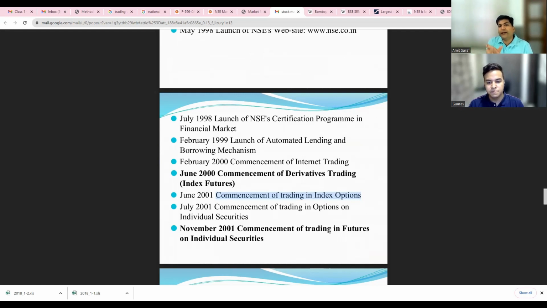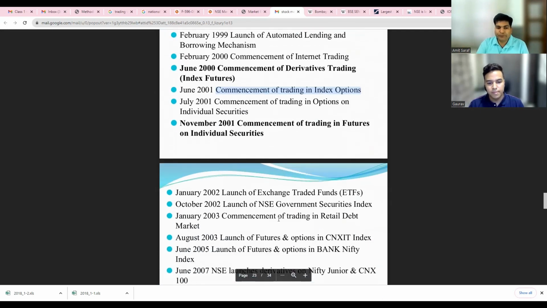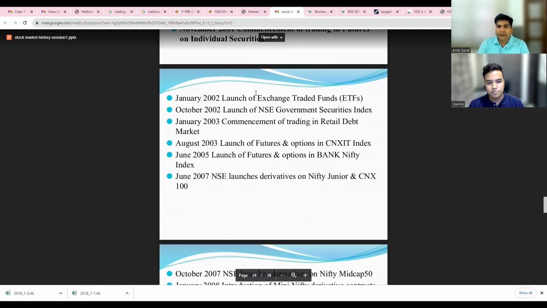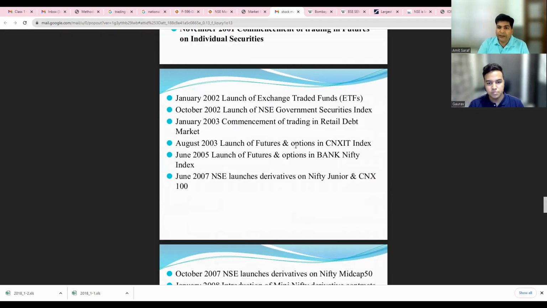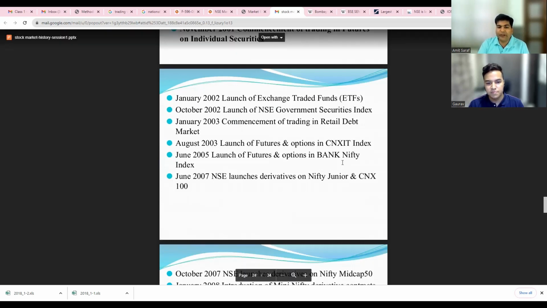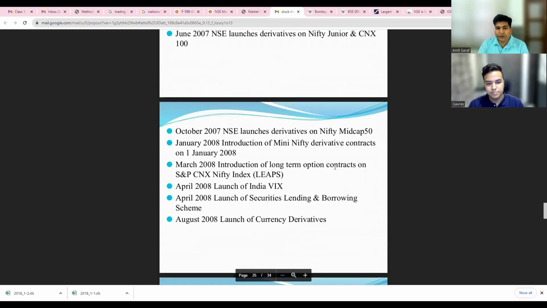And when we trade in Nifty 50 or Bank Nifty, these products are indices. So when we trade in these, we call it index futures or index options, depending on the derivatives that we are trading. Then they also launched ETFs, government securities, debt market, and various other indices were introduced, CNXIT, Bank Nifty, and so on and so forth.